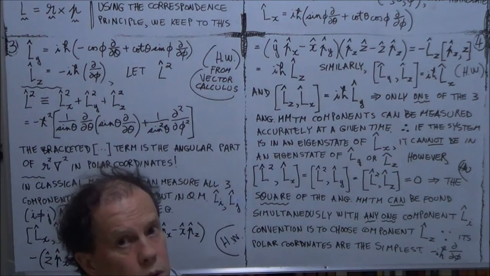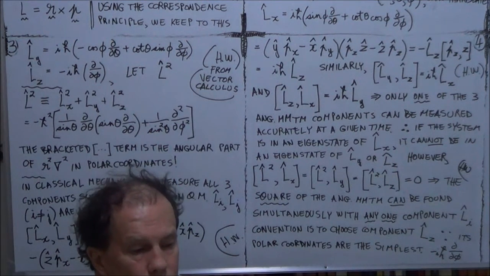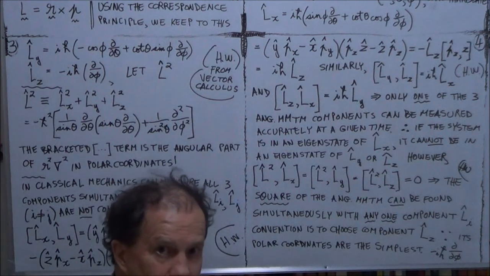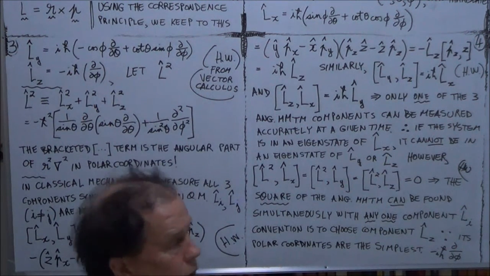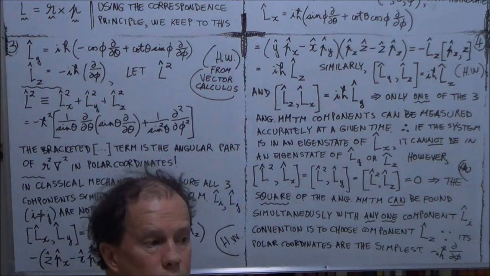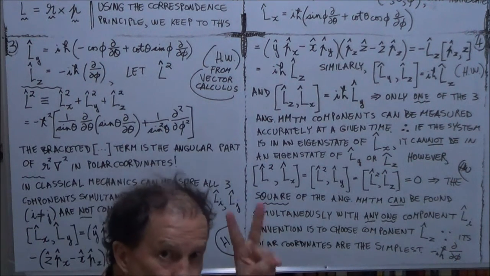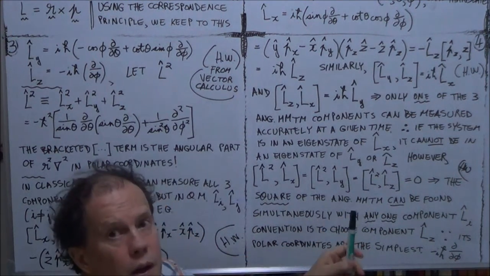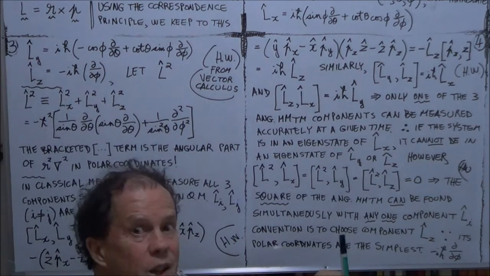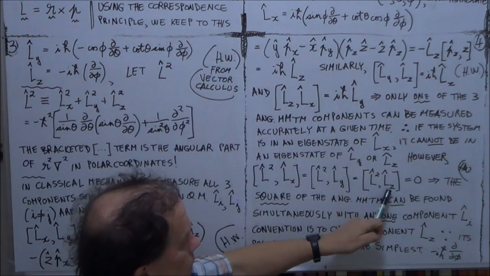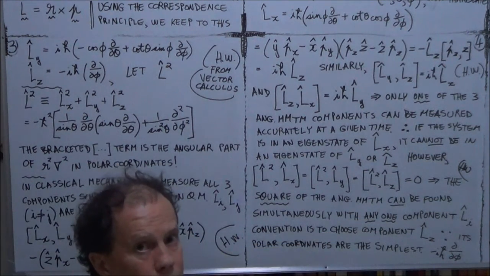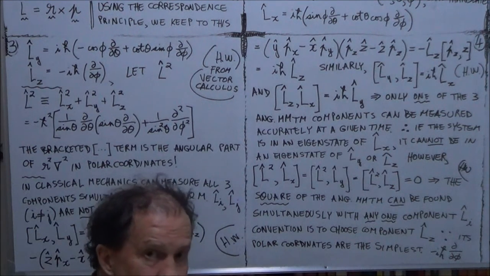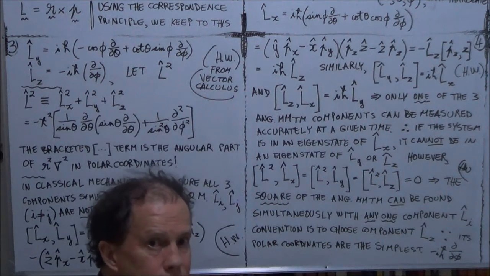So we want to know what those eigenfunctions are, and we want to know what the eigenvalues are. So next session we will write up two eigenequations, one for L squared and a second eigenequation for Lz, okay, with different eigenvalues of course, but the eigenfunctions will be the same. They'll be the same set.